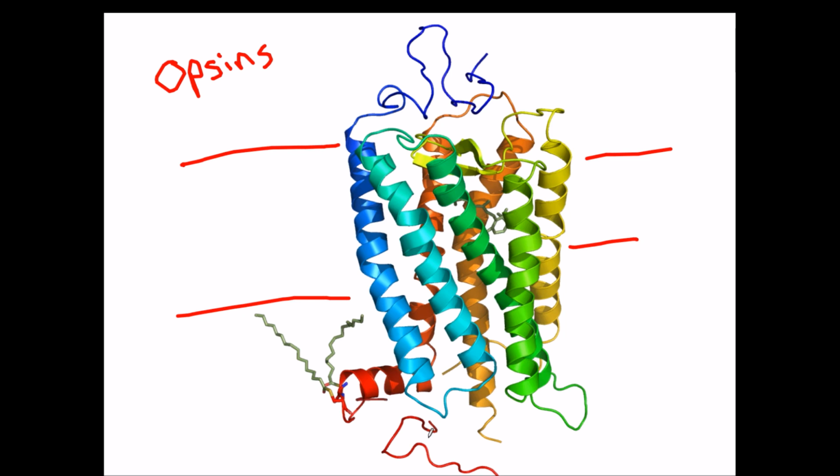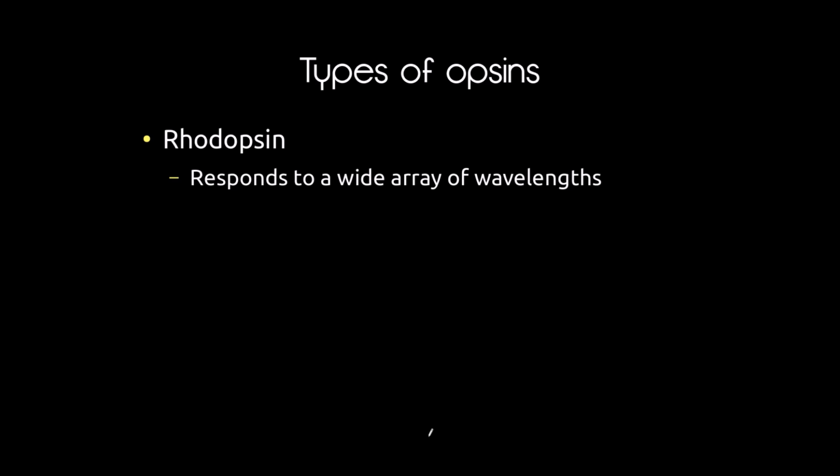So let's talk a little bit about opsins. There's a couple different kinds of opsin. First off, there's rhodopsin. And if we look across all organisms, rhodopsin is by far the most common of the opsins. And it responds to a very wide array of wavelengths. So rhodopsin is going to respond to almost the entire visible spectrum, which is good if you only have one opsin.